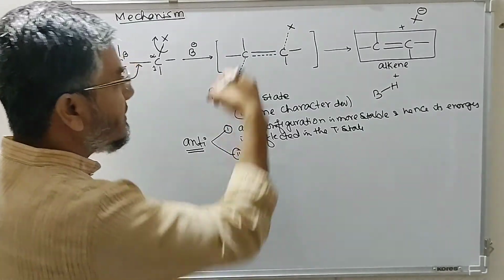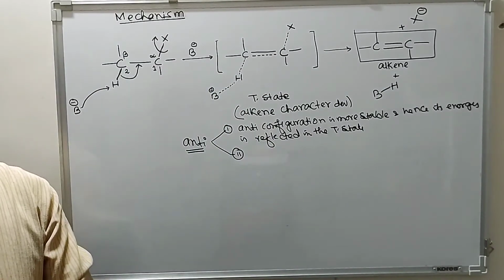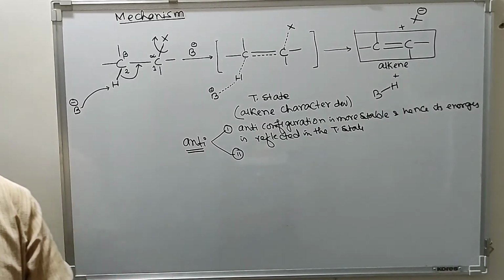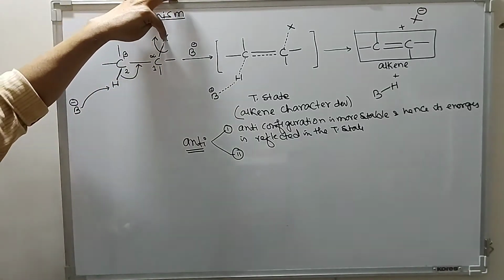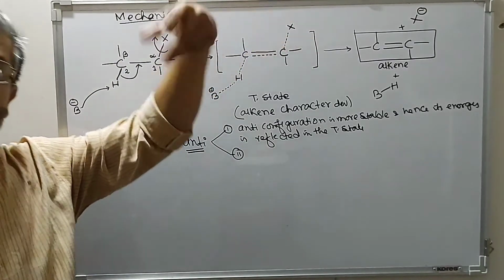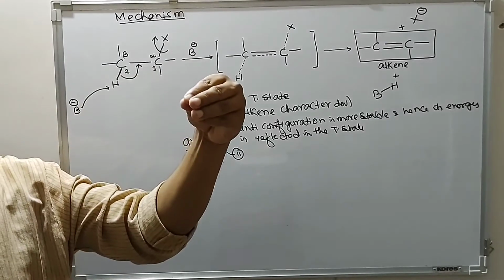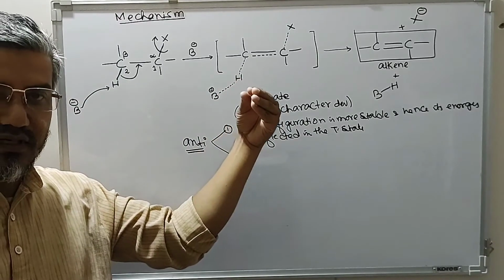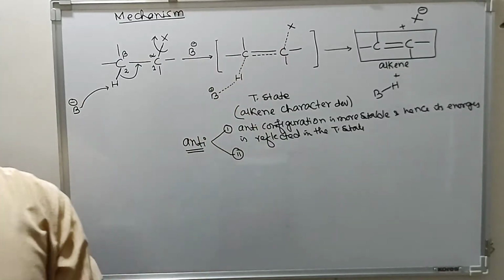Second reason why these groups should be anti to each other. Now look at this. Base is approaching the reactant with an electron pair. The leaving group is also leaving, that means C-X, X minus is leaving the system with this electron pair. So if base is moving from this side and X minus is leaving from this side, both being electron rich, there is a chance for electron repulsion.